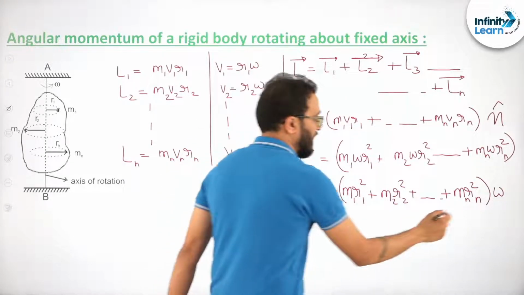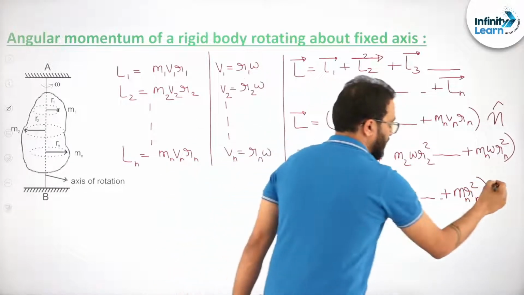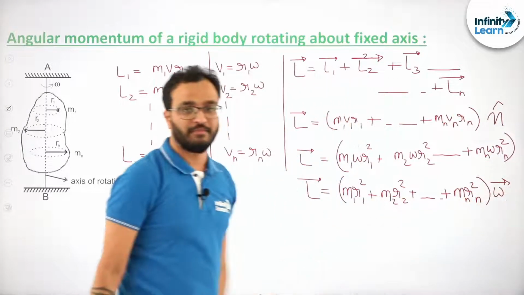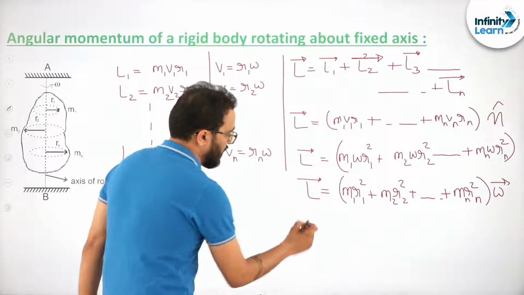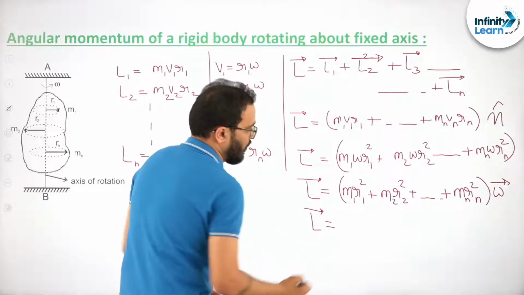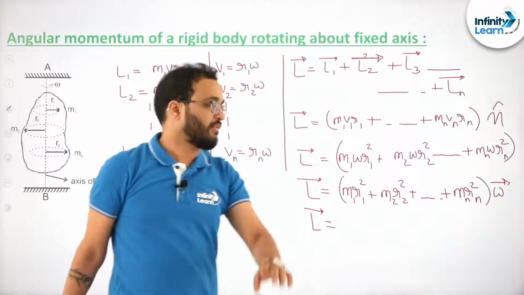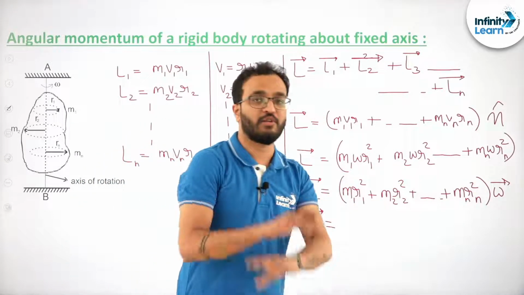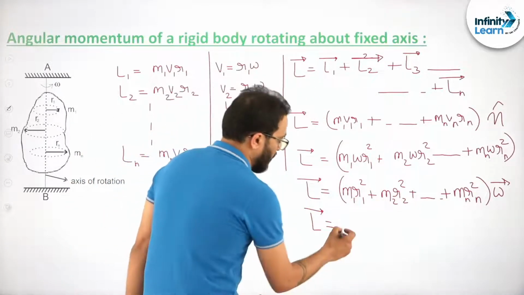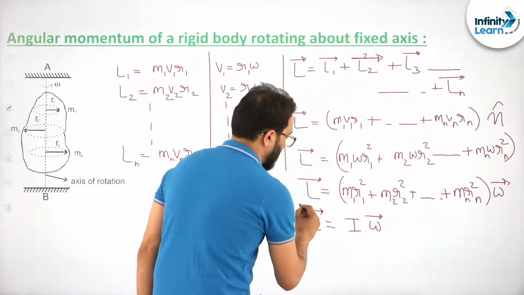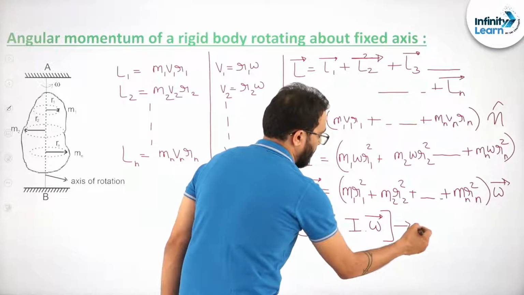And since omega is also a vector quantity, I can take it out and say that omega times n cap will be vector omega, right. So vector L will become m1 r1 square plus m2 r2 square plus mn rn square. That means I am trying to find out the moment of inertia of the complete body. So it will become I times vector omega, same thing coming again, okay.